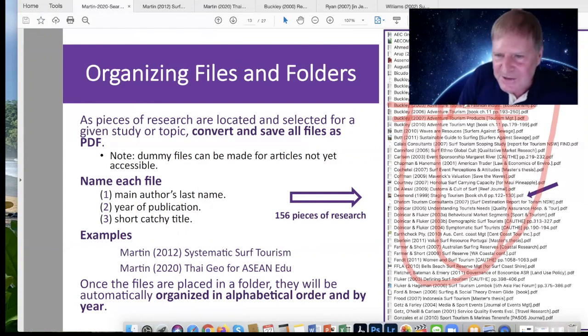Sometimes, I'm sorry, I blurred this up, it's a bit of a mistake there. Sometimes if it's a book chapter, I'll put the page numbers so that when I'm citing, I know exactly where it came from, okay?